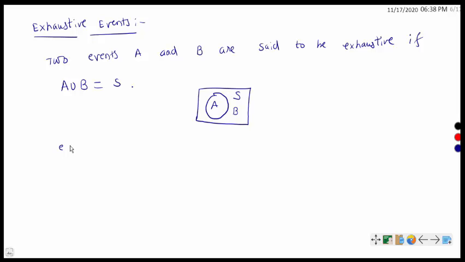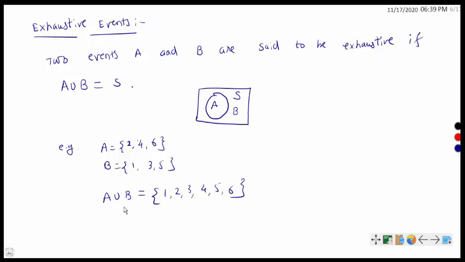For example, A is equal to 2, 4, 6, getting an even face in a random experiment of rolling a dice, and B is equal to getting an odd face, 1, 3, 5. So A union B means what? All the numbers from A and B are taken together forming a union. So we will get 1, 2, 3, 4, 5, 6.